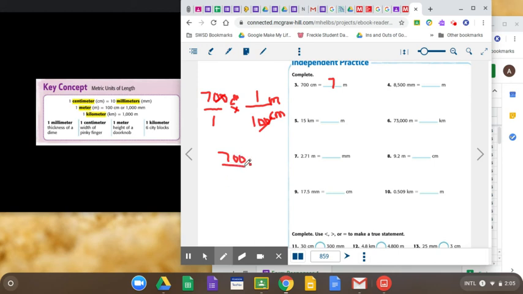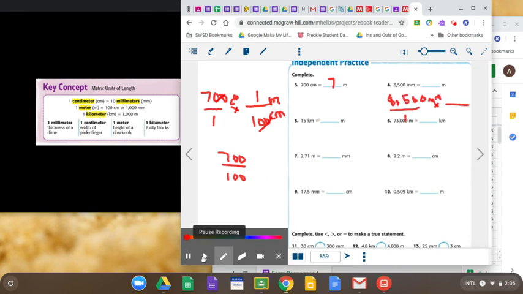And then 1 times 100 is 100. So now you have this improper fraction, which is a division problem. You're going to do 700 divided by 100, which is 7. So that's how you would get the answer for number 3.